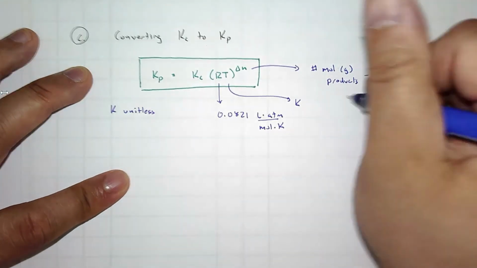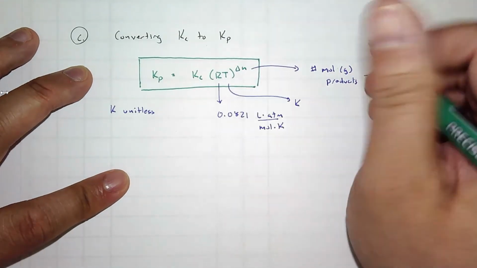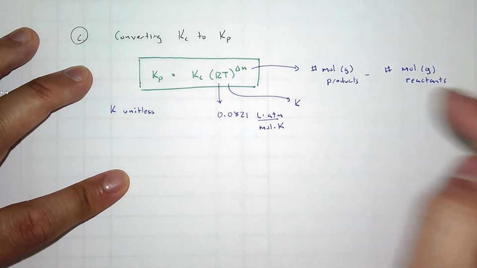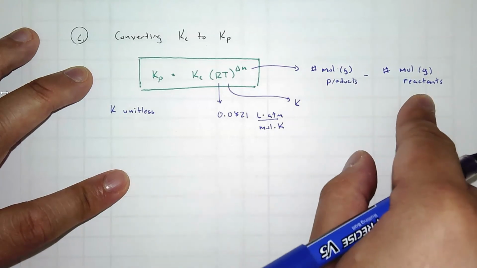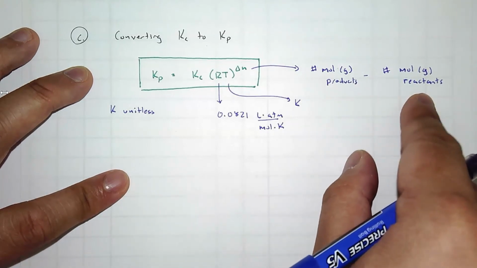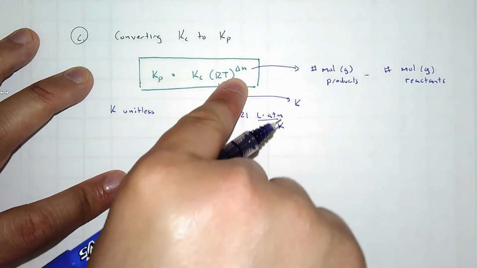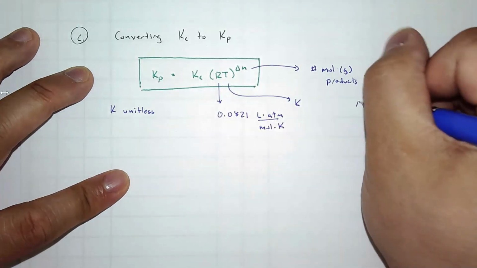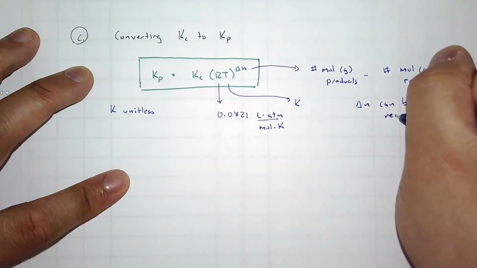And delta n can be negative. Don't worry if it is negative. So if you have 3 moles of gas in the product and you're subtracting 7 moles of gas in the reactants, your delta n is negative 4. So don't worry that you can have a negative exponent. Delta n can be negative.